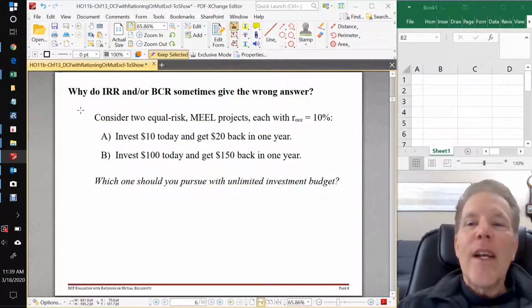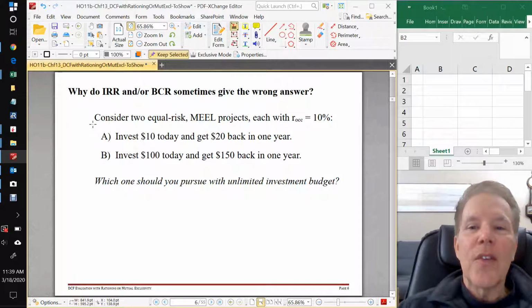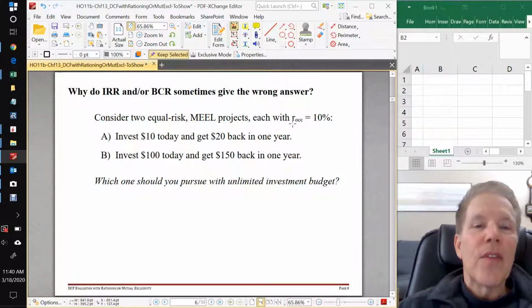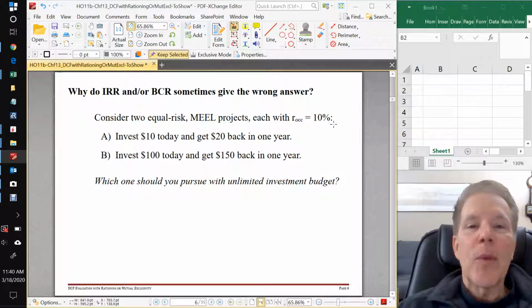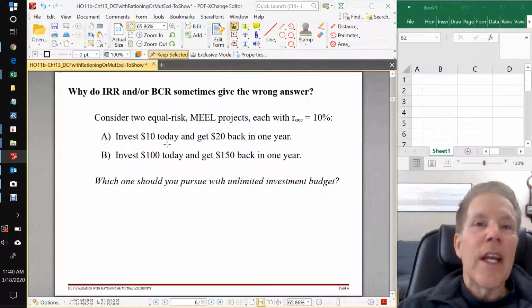Okay, so why do IRR and BCR sometimes give the wrong answer? A good way to think about this and to illustrate this is to consider two equal risk, mutually exclusive equal length projects, and let's say they both have the same opportunity cost of capital of 10%. So for A, we could invest $10 today and get $20 back in a year.